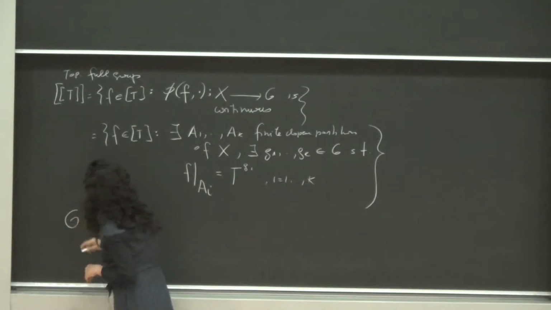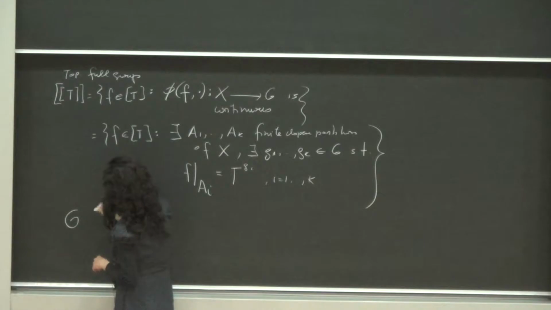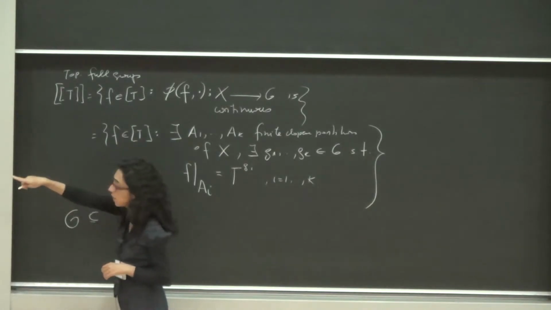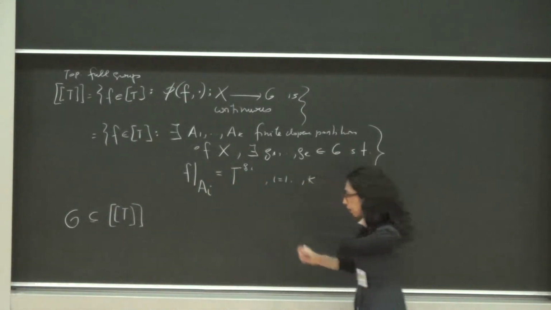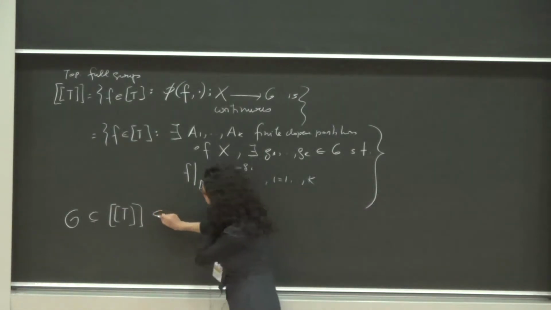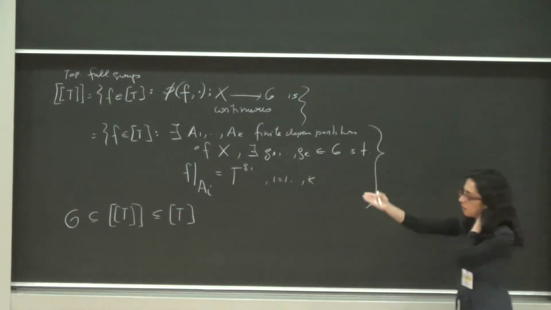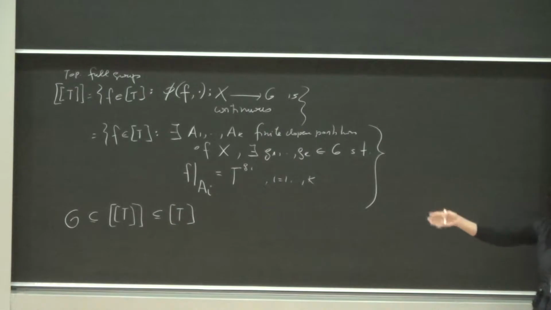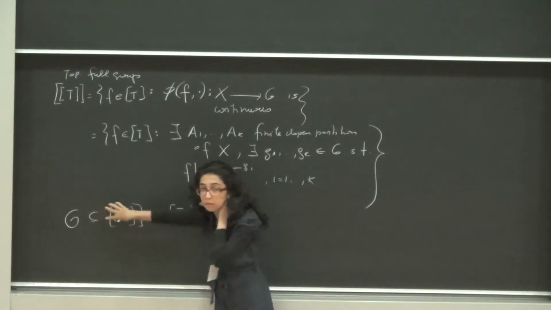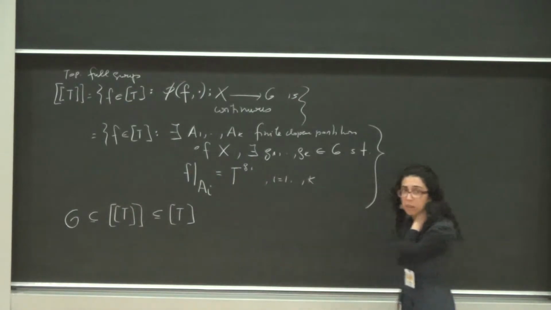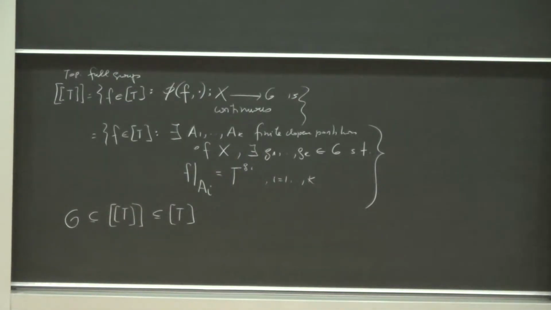You can always identify the group G, the group which is acting, with a subgroup of the topological full group. And if the space X is connected, this is an equality. So in that case, the topological full group is trivial.